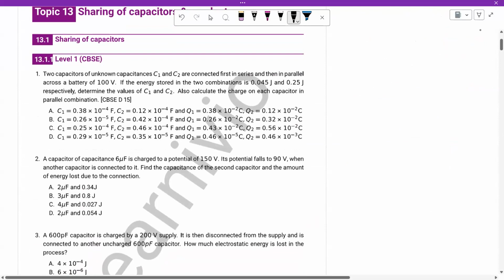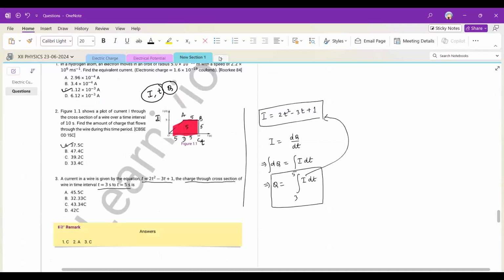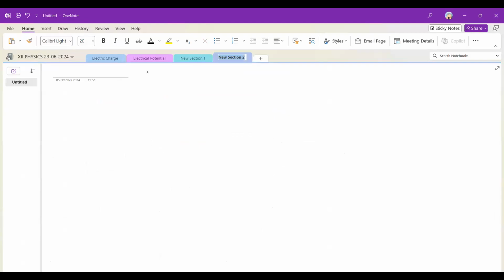So now let's start the new chapter. The current chapter that you have done with now. So the new chapter is moving charges and magnetic field, right? In the first two chapters, the charges were stationary.